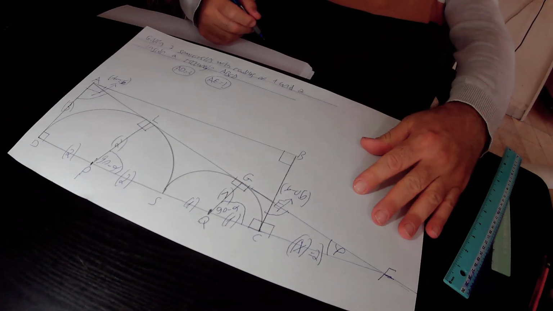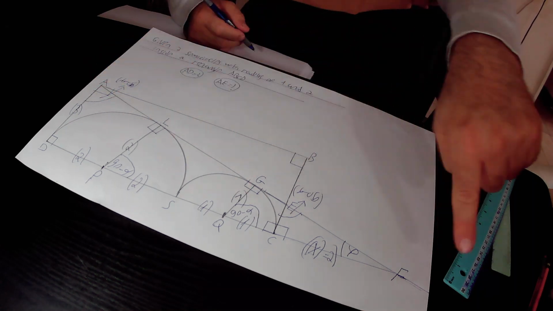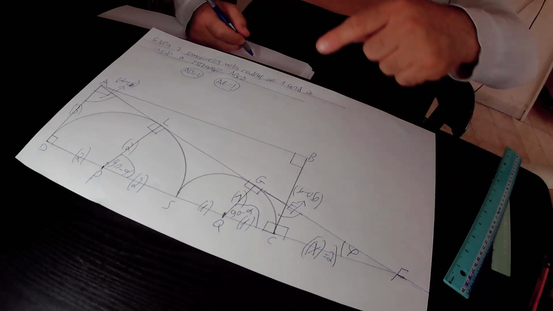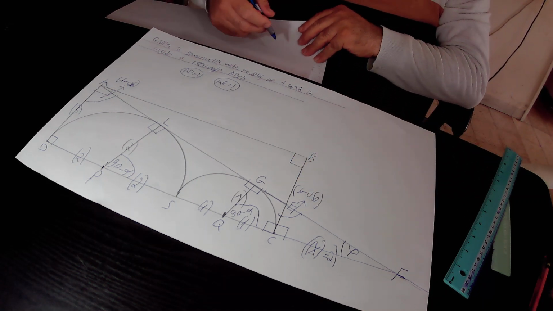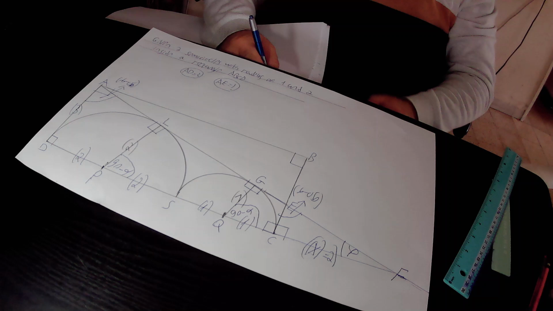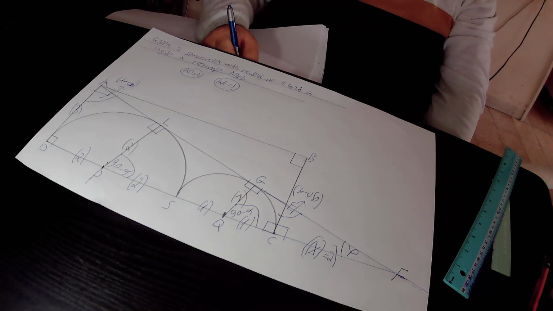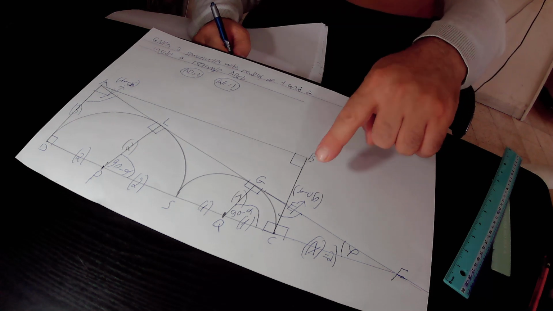In the next step, we will prove that the big right triangle ADF is similar to this small right triangle ECF. So I write it down. We prove that the big right triangle ADF is similar with the small right triangle, triangle ECF.